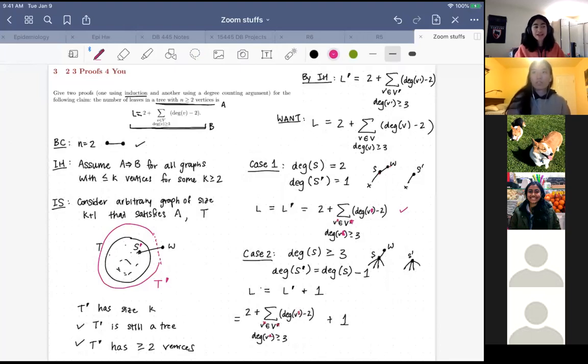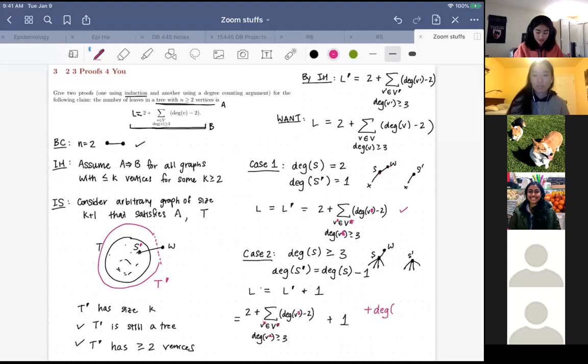Not quite, because S was in this summation. S had degree greater than or equal to 3. And degree in S prime was potentially also in the summation. So when we change from S prime to S, we are affecting the terms in the summation. So let's try and compensate that. If we switch from T prime to T, and we know that we might have affected the term in the summation that has to do with the node S, we can compensate by adding back what we lost.